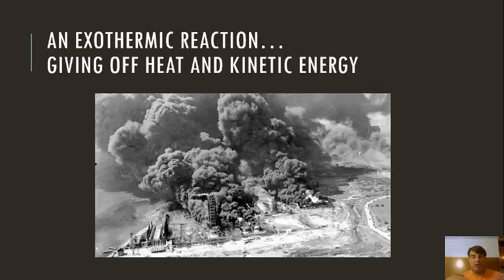And when it exploded, it either destroyed or damaged everything in that little Texas port town. That's an exothermic reaction based upon a chemical reaction. It's not an atomic reaction. That's even worse. But this is the largest known chemical exothermic reaction and the worst industrial disaster in United States history. Well, anyway, an exothermic reaction is one in which heat is given off in a chemical reaction.